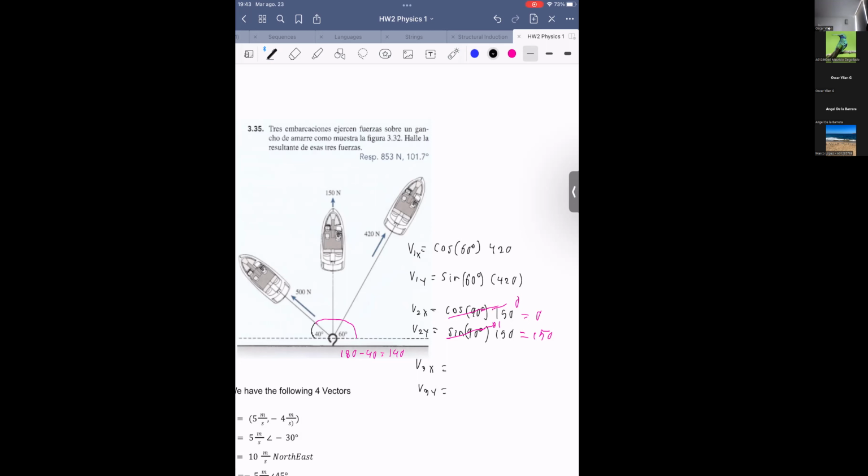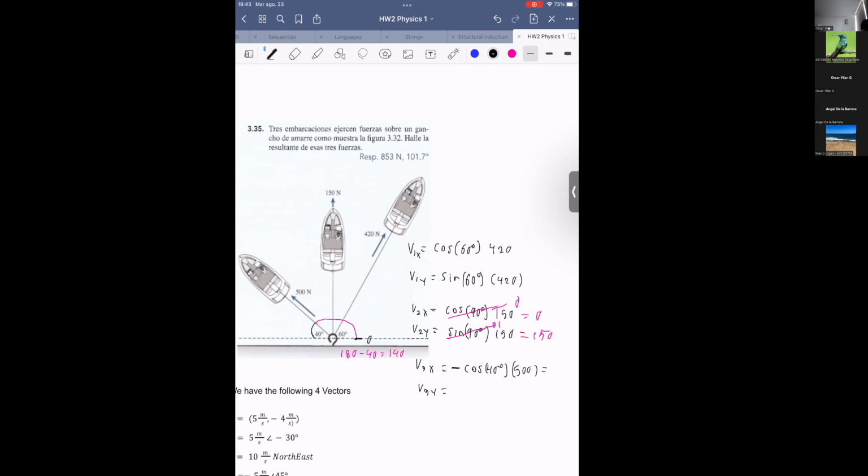Remember that you always start from the positive x axis. Or you can do another thing: as we are in the negative x, you can also do the cosine of 40, but you have to remember that you are in the negative part of x, times 500.